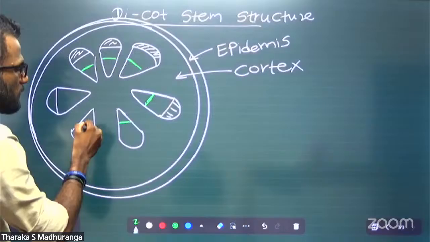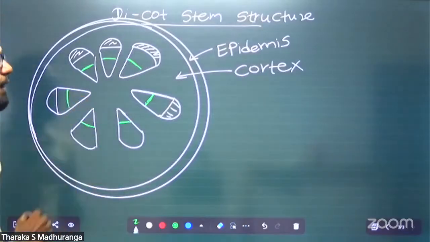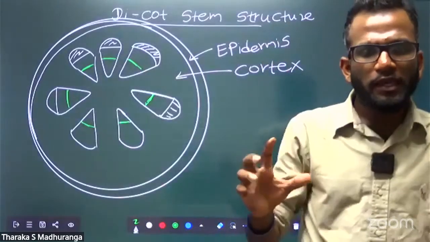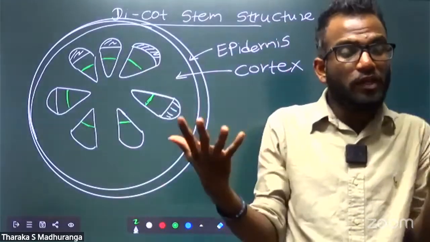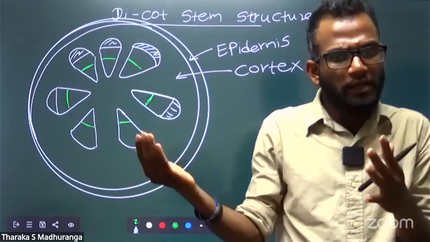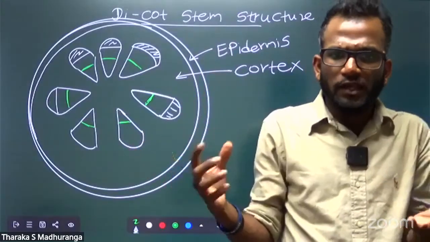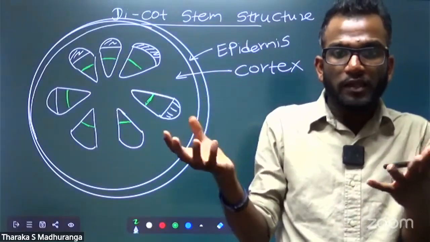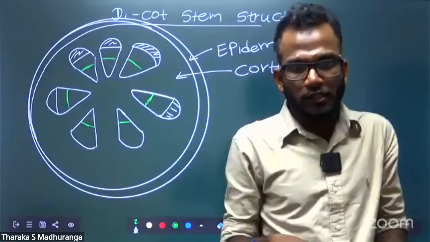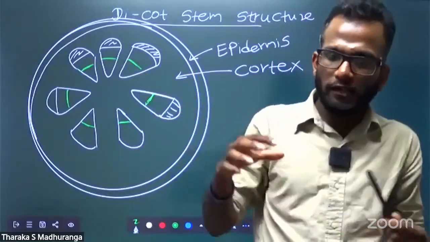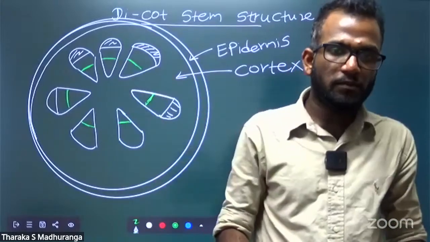They are the cambium tissues. What is the meaning of these cambium tissues? You already know meristematic tissues: apical meristems, intercalary meristems. They are simple permanent tissues, made with the same type of cells.